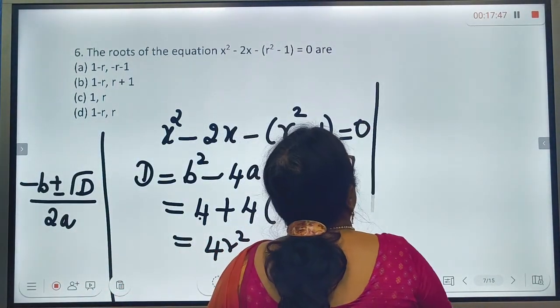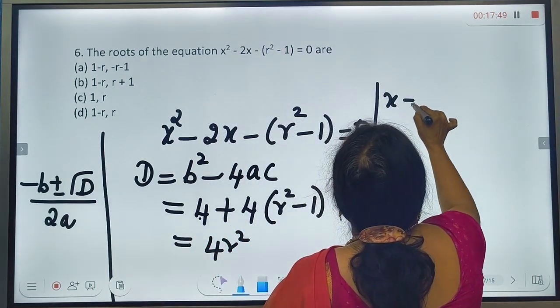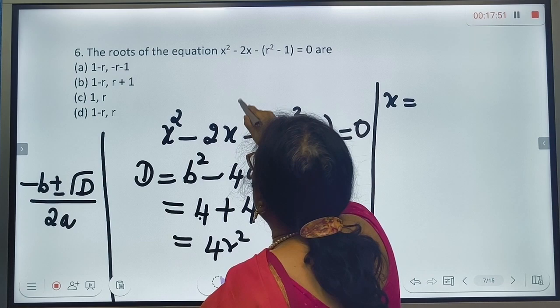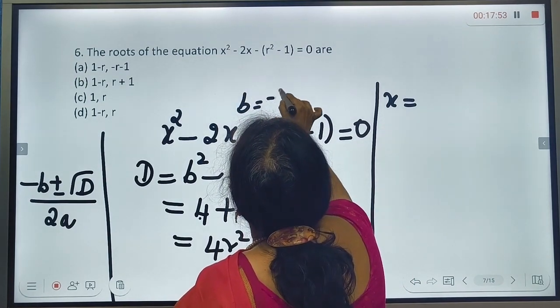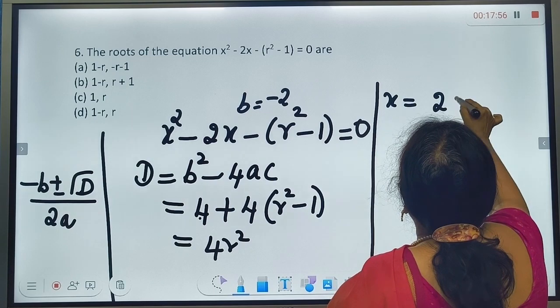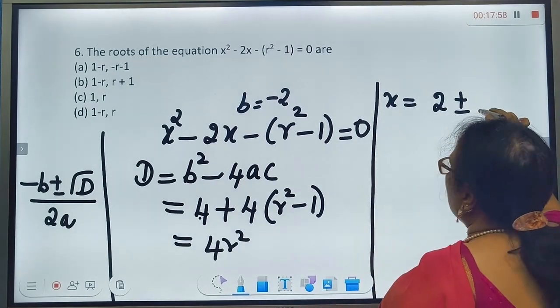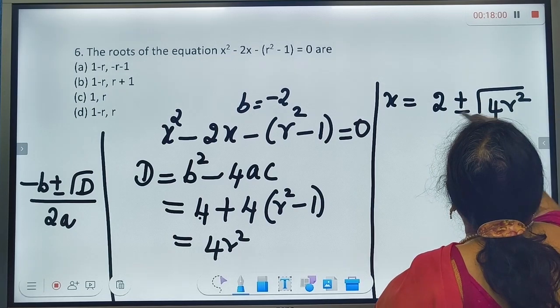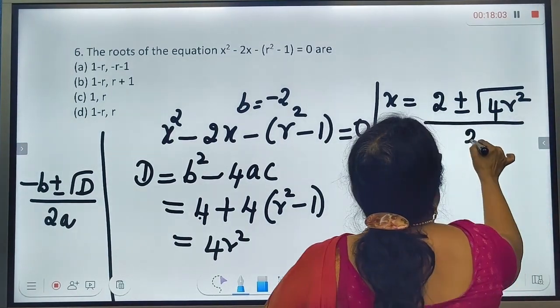So what will be the solution for this equation? X is minus b. B is what? B is minus 2. So 2 plus or minus root of 4r square by 2a. A is 1, so by 2.